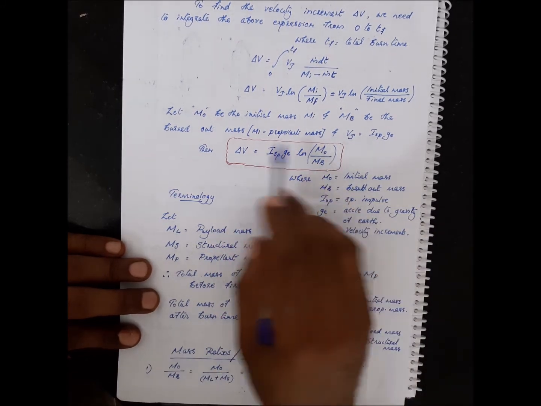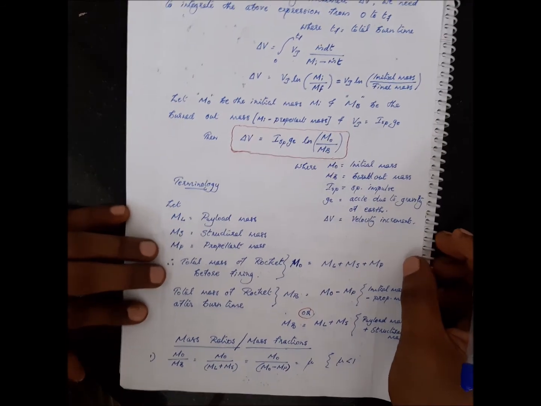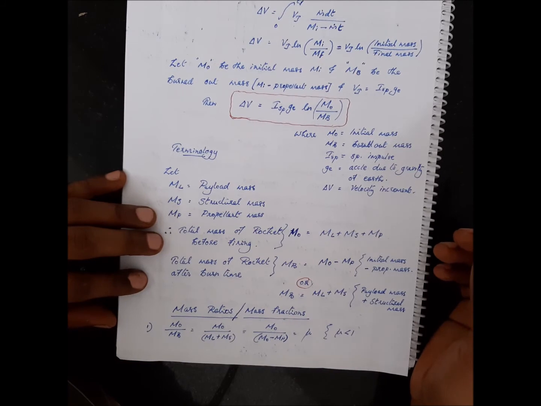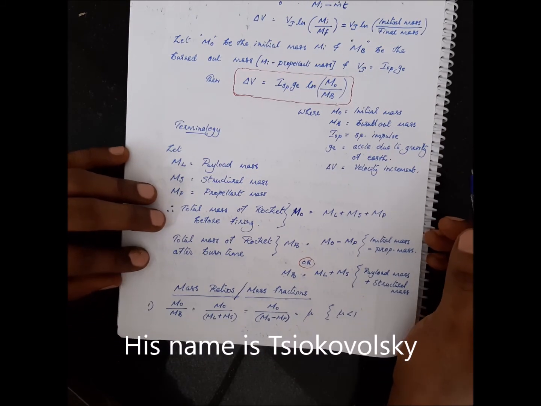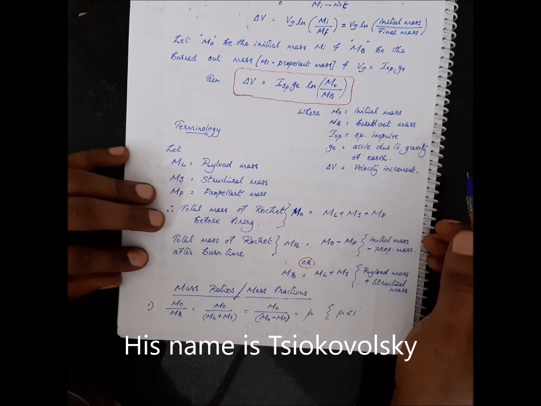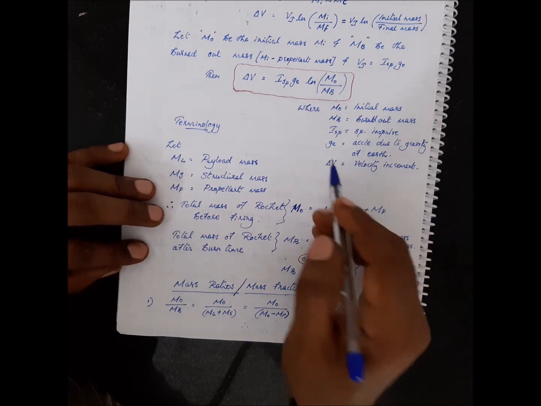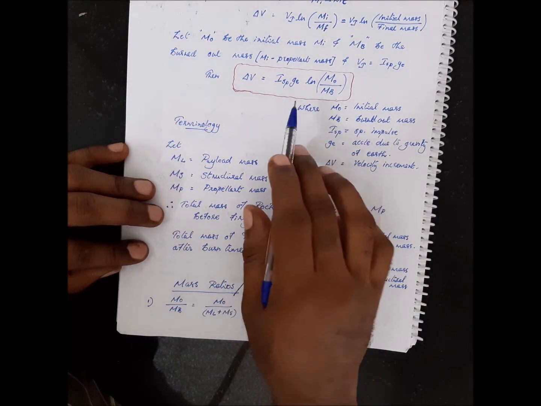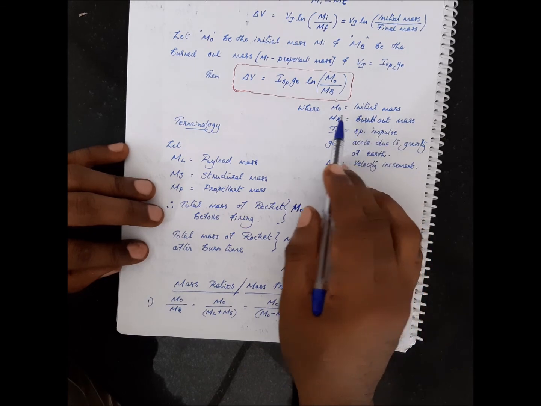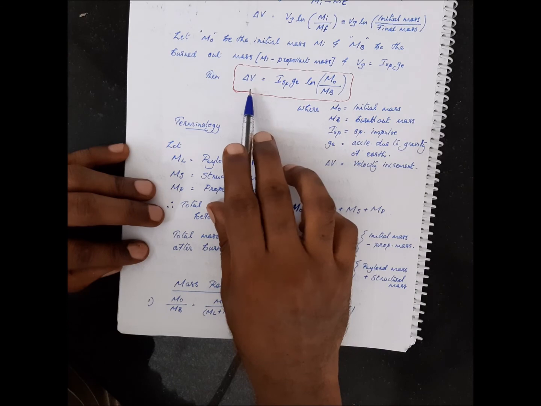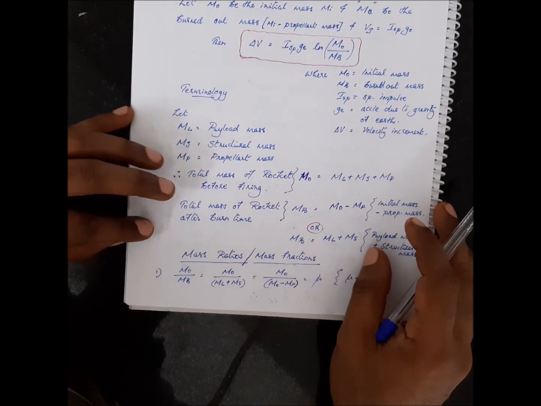So this is the rocket equation, and it's very interesting to note that it was developed by a Russian school teacher, which in those days gave a kickstart to the space program of Russia. So it's a very interesting equation. The good thing is, if you have the initial mass and the burned out mass, you can find the delta v. You don't need to bother about too many things.